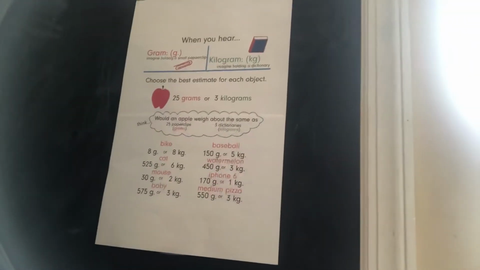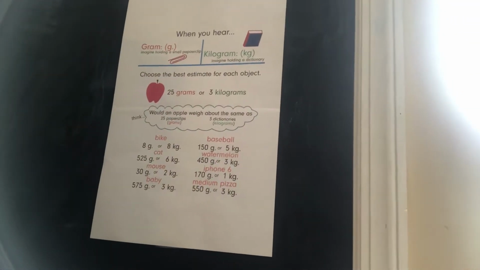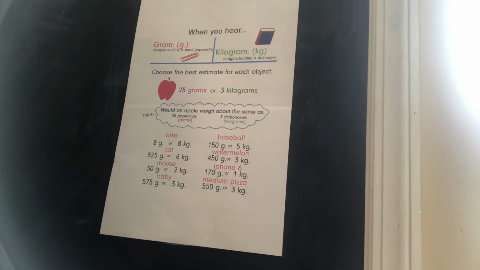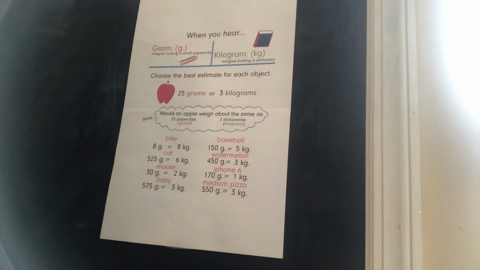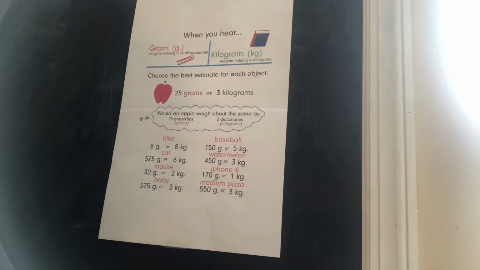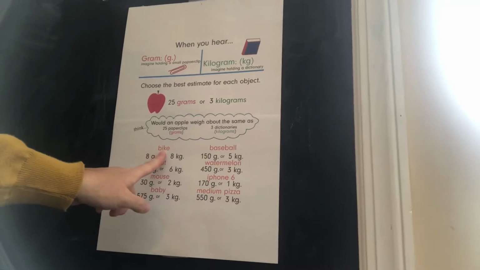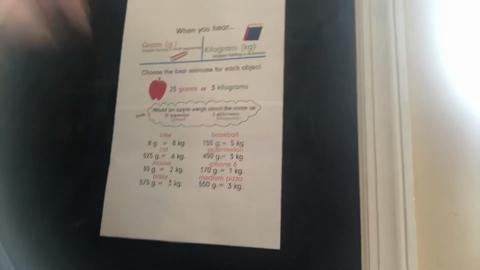dictionaries, okay? And we have some other options, and it's not the same, but I often will compare kilograms to pounds, just so that you have an idea of what it can compare to. So if we were talking about a bike, so imagine you have your bike, you know, that you ride outside with.